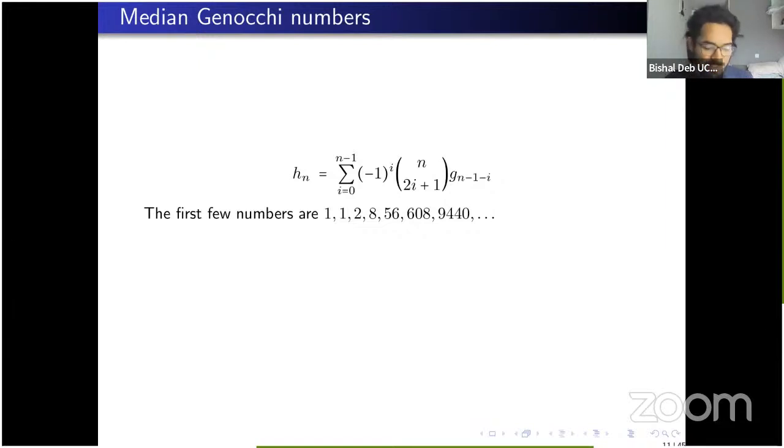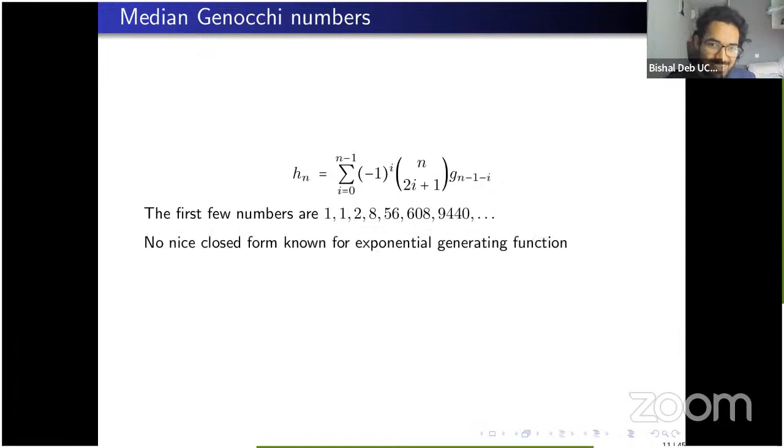We'll go into something more tractable in a while. For the median Genocchi numbers, however, there is no nice closed form known for the exponential generating function, at least to our knowledge. And the alphas here are 1 squared, 1 squared, 2 squared, 2 squared, 3 squared, 3 squared, and so on. So this was again proved by Viennot.